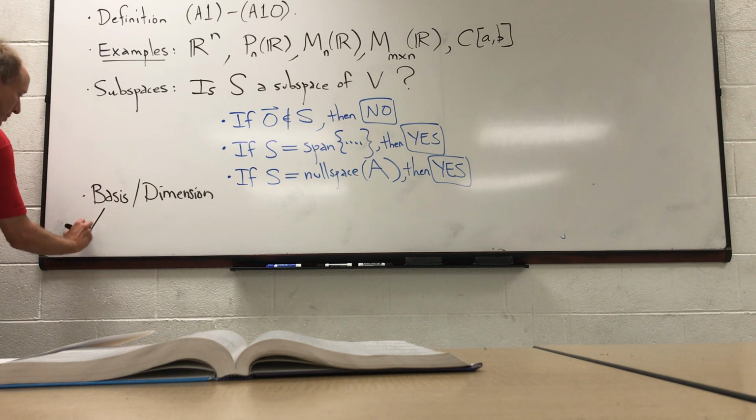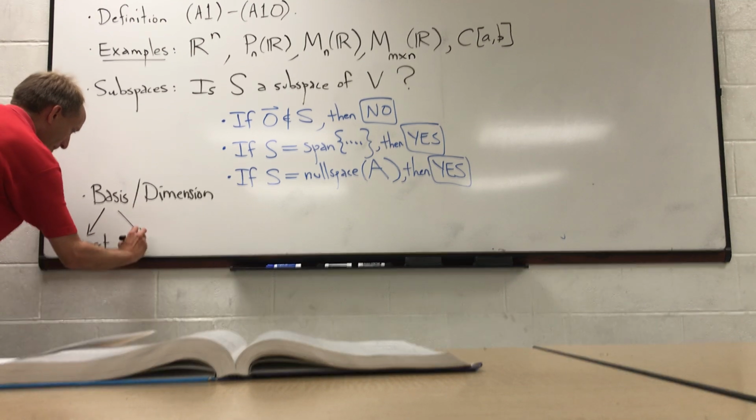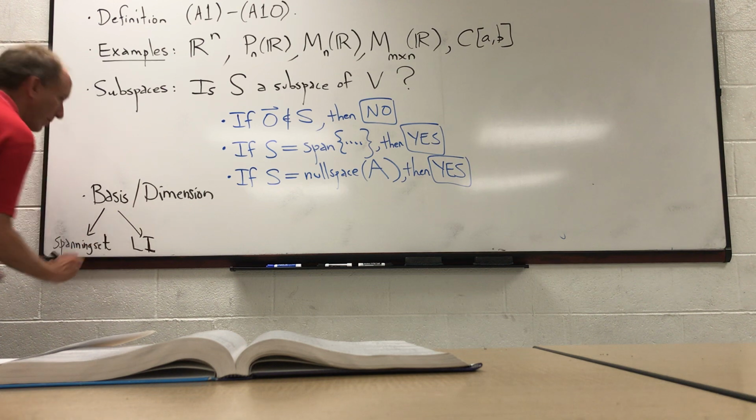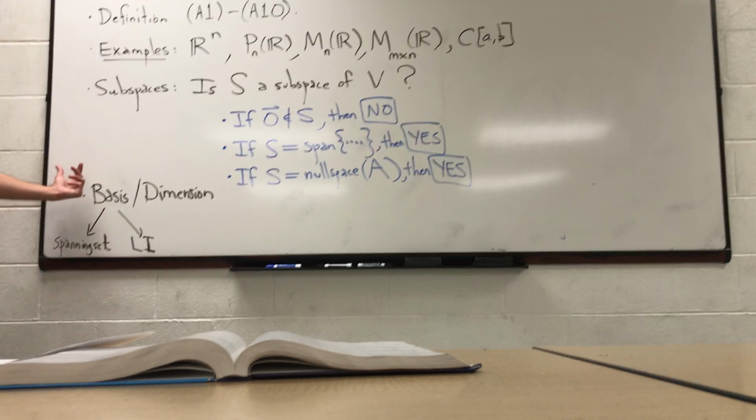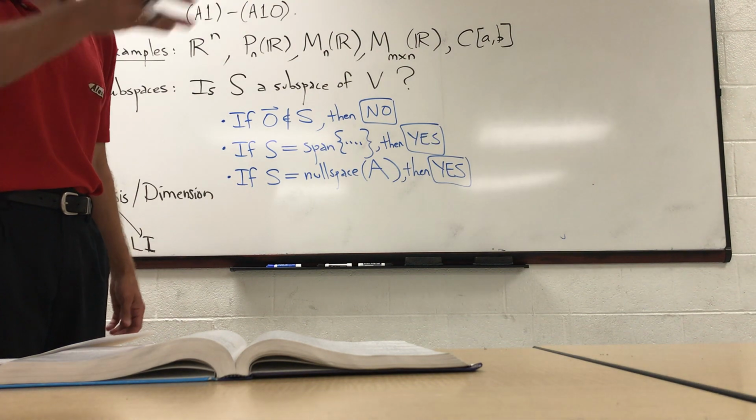Remember that a basis is a spanning set that is also LI. So linear independence and spanning sets are very closely tied in with having a basis. And my favorite question to ask is not, is such and such a basis?